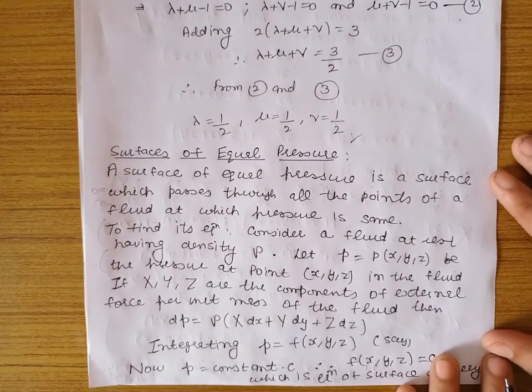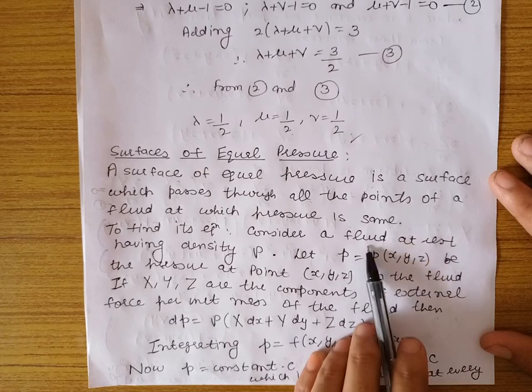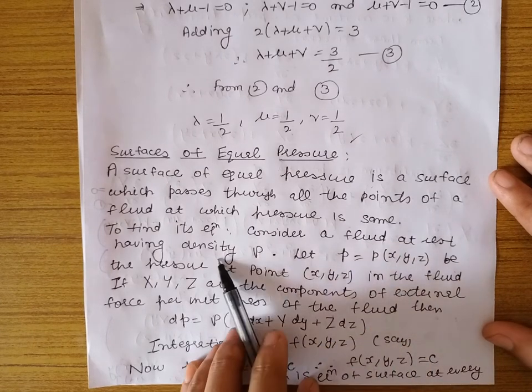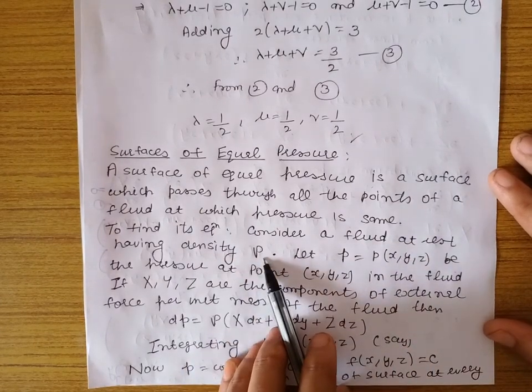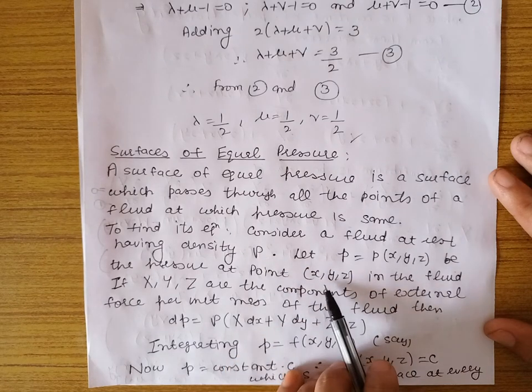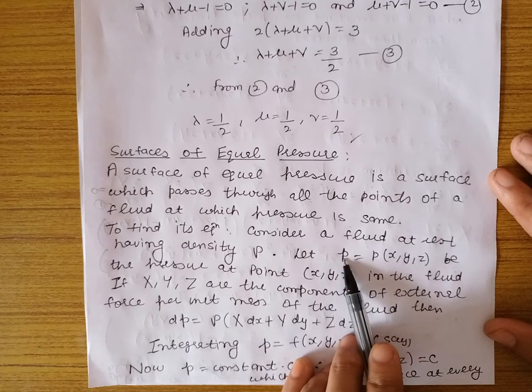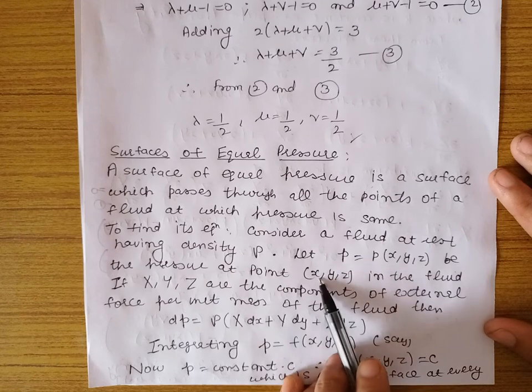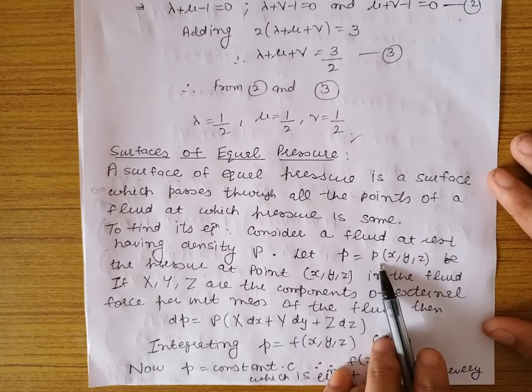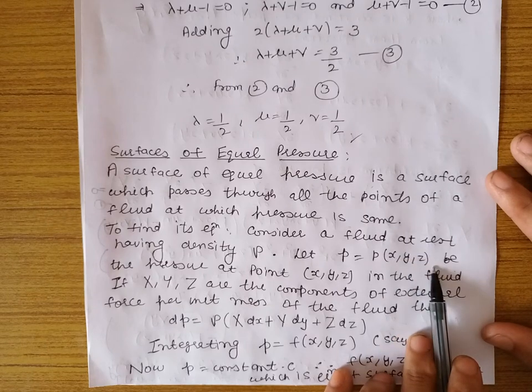For this, let us consider a fluid at rest having the density ρ, and let us consider a point having the coordinates x, y, z in the fluid, and suppose P is the pressure at this point. P is a function of x, y and z.